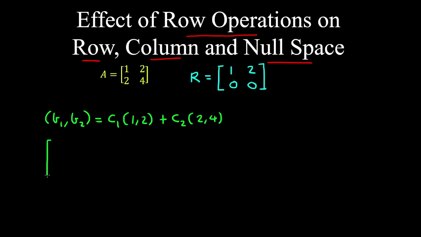So here we're solving the linear system C1 plus 2C2 equals B1, and 2C1 plus 4C2 is equal to B2. So we augment the coefficient matrix with the components of the vector B. So in this case, if you subtract 2 by row 1 from the second row, we obtain 0, 0, and B2 minus 2B1.